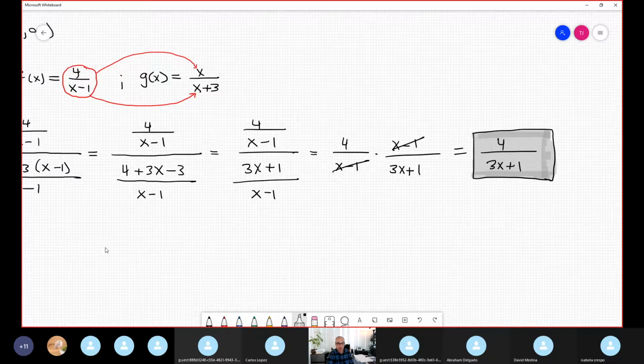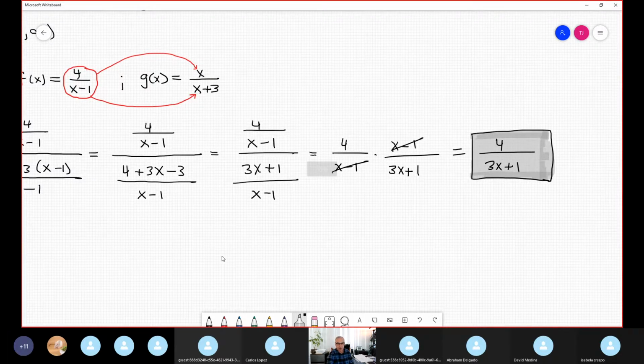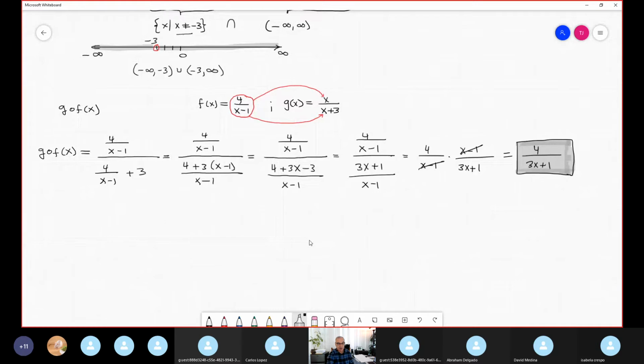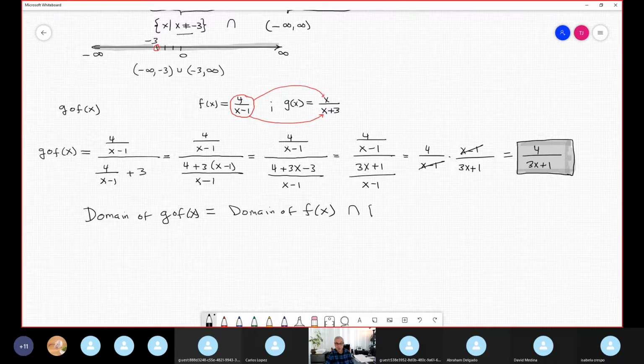Super. Okay. Now the complicated part. The complicated part is the domain. So the domain of G composition F is exactly the same formula. It's the domain of the first function, in this case F, intersection the domain of the new expression.